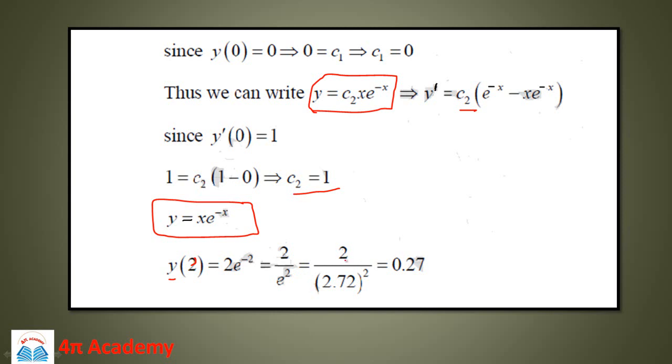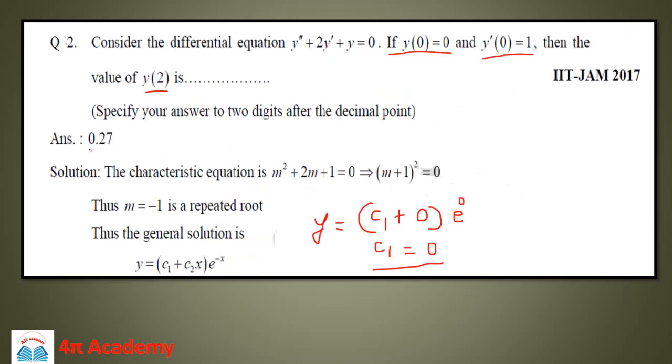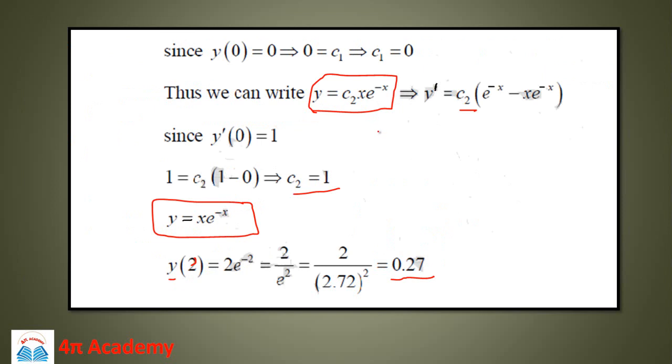So this will be equal to 2 divided by 2.72 square. If you calculate this, it is roughly 0.27, and hence the answer is 0.27, and you have to calculate only up to 2 decimal places.